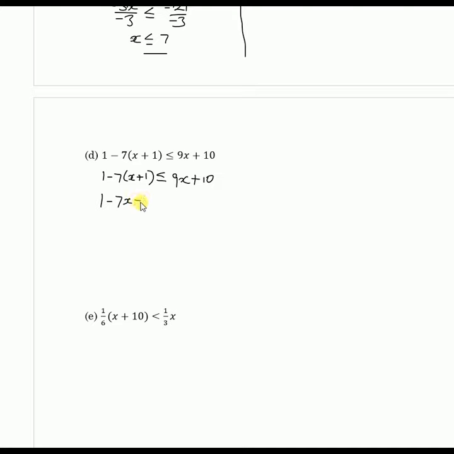So we shall have minus 7, because the 7 is negative and this one is a plus 1, we shall have a minus 7, less than or equal to 9x plus 10. And let us collect like terms.